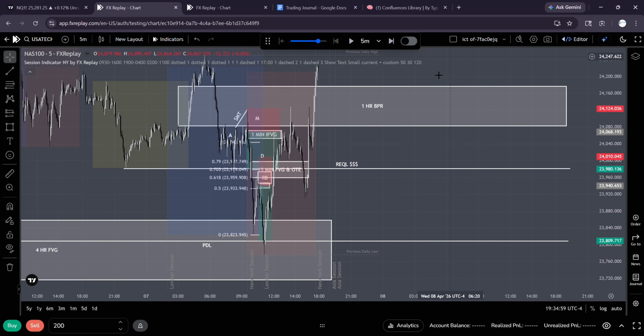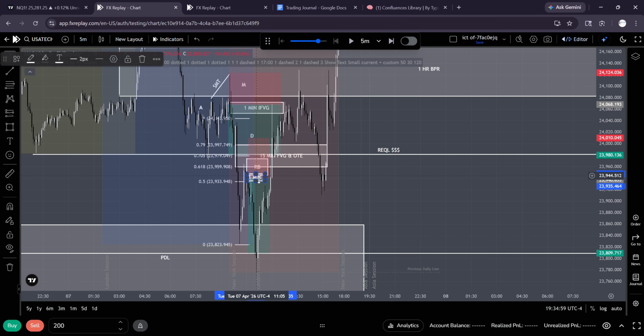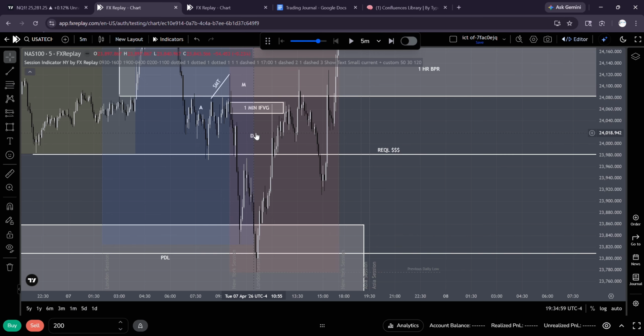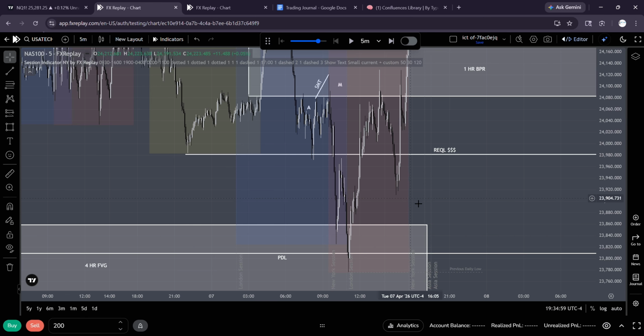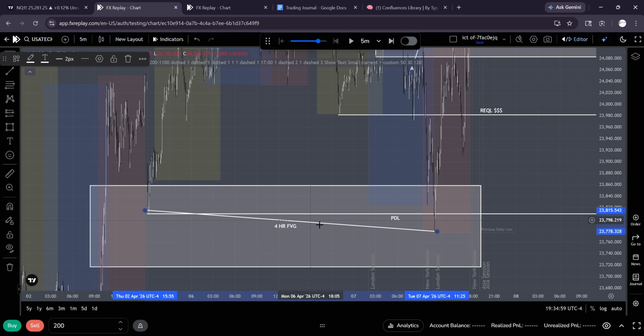and there we go. Our trade hits RTP. Let me just get rid of all this because it's a little confusing. But since I was really long-term bullish, right? This 4-hour gap and this previous day low, and there's an SMT here as well.